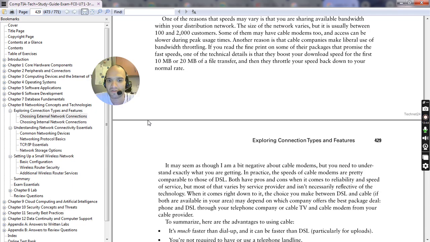That means throttle means they reduce it back to the normal rate indicated in your Ethernet provisioning agreement with the particular company.